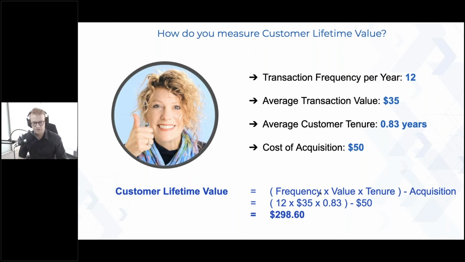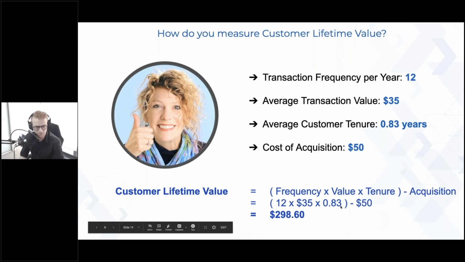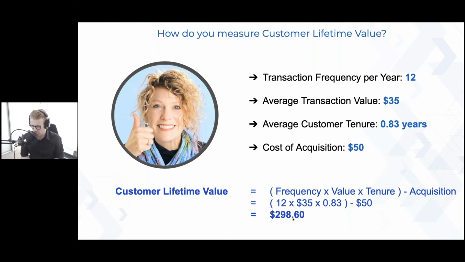So if we calculate this out, customer lifetime value equals frequency times value times tenure minus acquisition cost. That's 12 times 35 times 0.83 minus 50, which is 298. So every time Paul gets one customer, that's worth about $300 to him in terms of revenue.